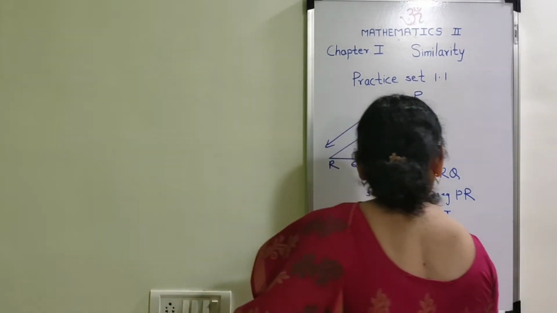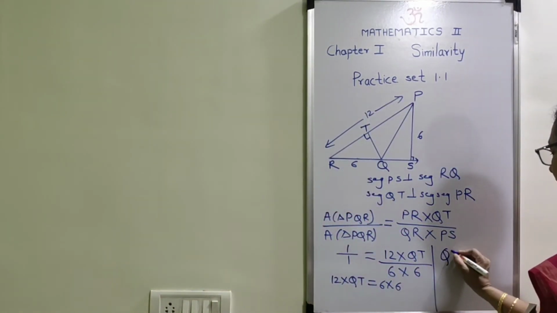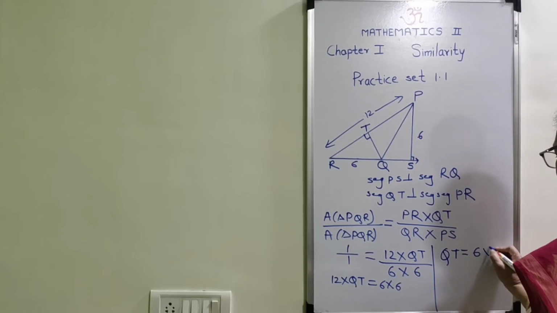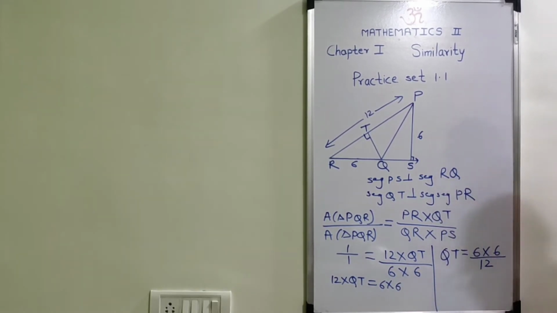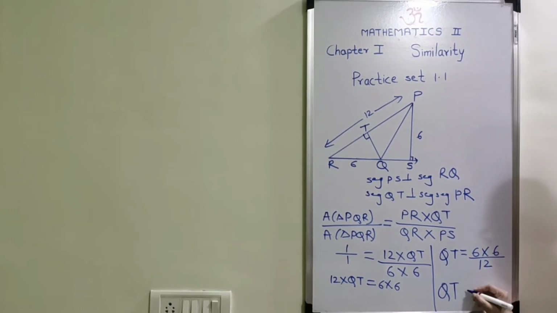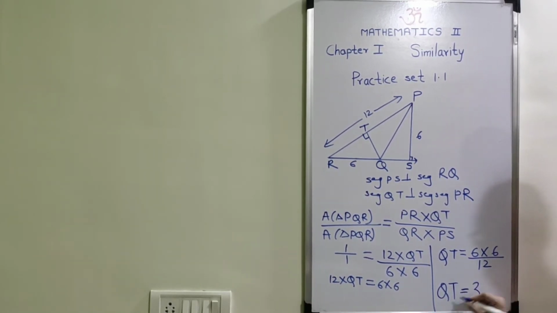Now my next step is QT is equal to 6 into 6 divided by 12, and simplifying this, 6 2s are 12, again 2 3s are 6, and therefore QT is equal to 3 units. This is my final answer.